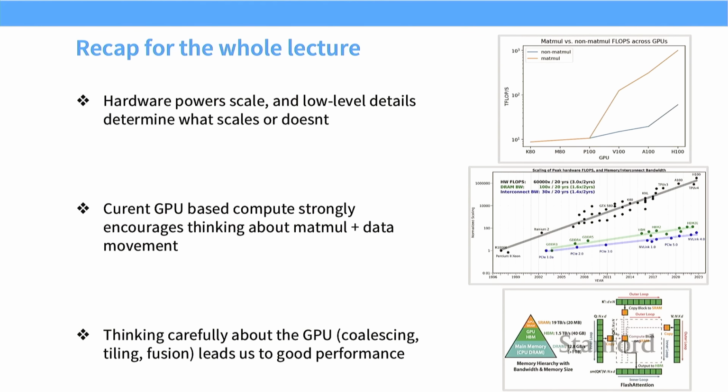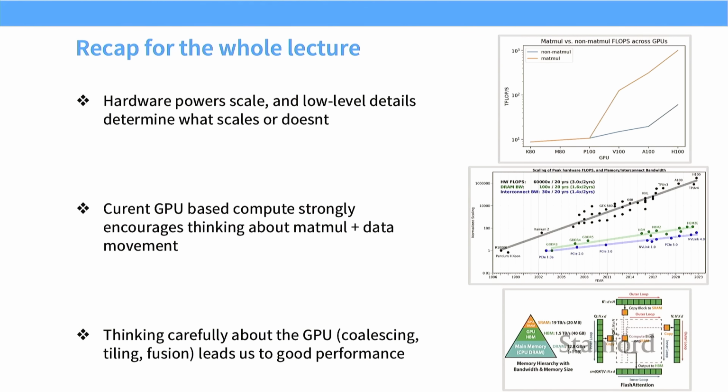And the current GPU scaling plot is really the one you should remember. It really incentivizes you to think about memory movement, right? Memory movement is the bottleneck in all of this. And so you don't want to just think about, oh, how do I reduce the number of flops? That's important too. But you really have to think about, how do I make my memory movements more efficient?